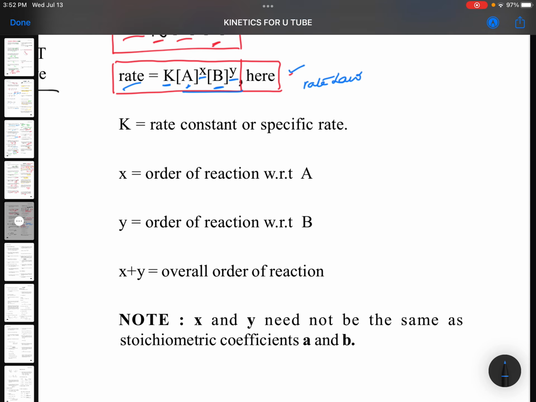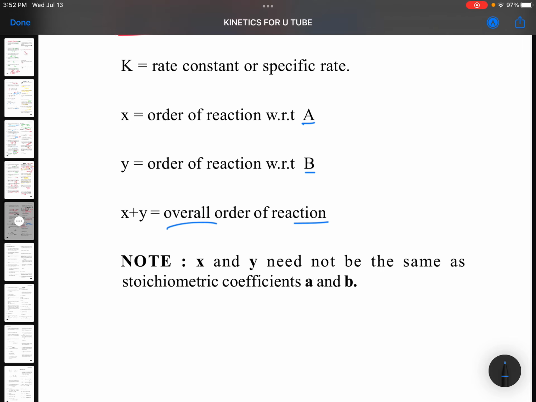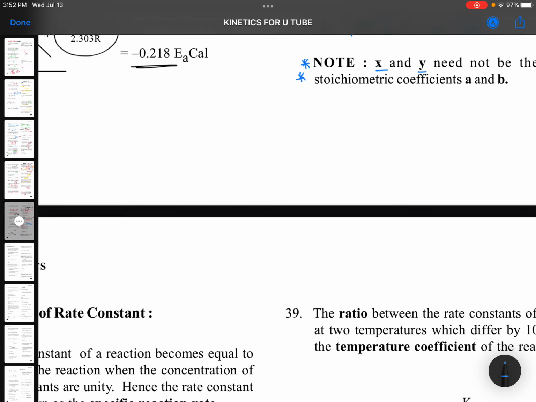So x is the order with respect to A, y is the order with respect to B, and x plus y is the overall order, right? k is the specific rate, or rate constant. This point is very important, as I was just explaining: x and y need not be the same as the stoichiometric coefficients a and b.